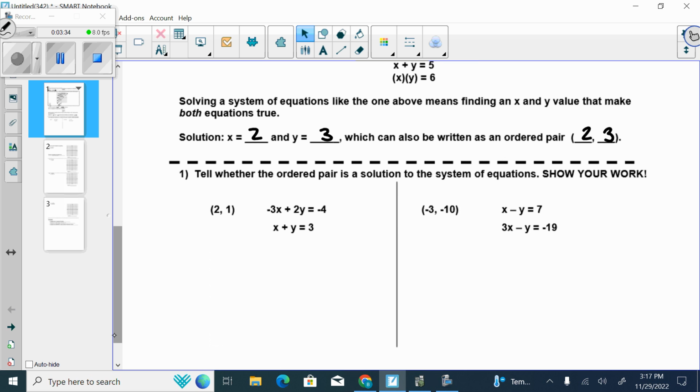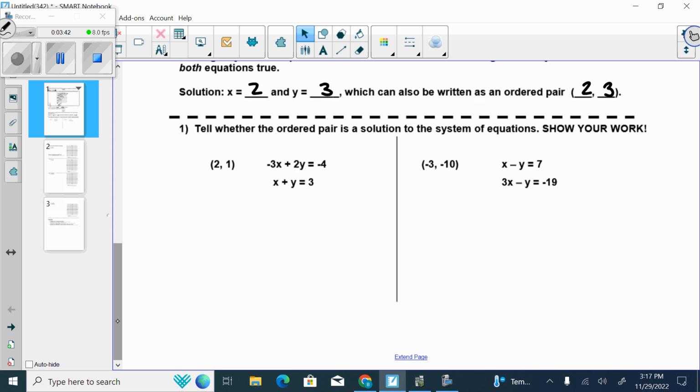All right, so in the next section, it says tell whether the ordered pair is a solution to the system of equations. So they give us the coordinate point. In a coordinate point, we said that the first number represents what letter? X. The second is y, so that means I'm going to just plug those in and see if they work anywhere there's an X and anywhere there's a Y. So for this first equation, I'm going to rewrite it exactly as it is.